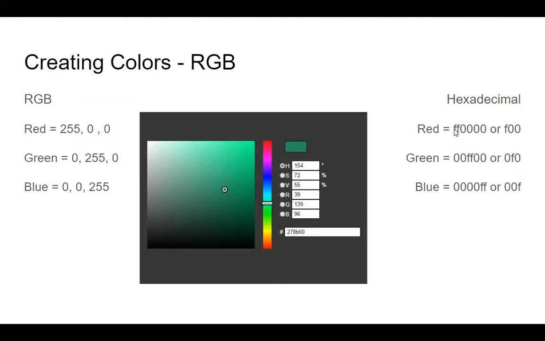So just know FF is 256. So full red, FF, 0, 0 is all red. Also note that you can do F00, and then that is actually 16 red, 0, 0. So there are a lot fewer shades if you do it this way, but it can work, right?